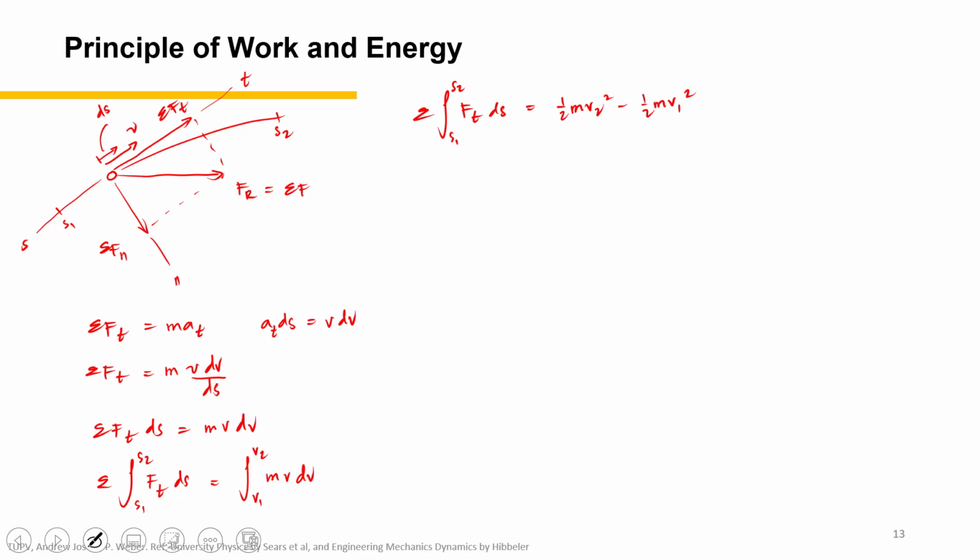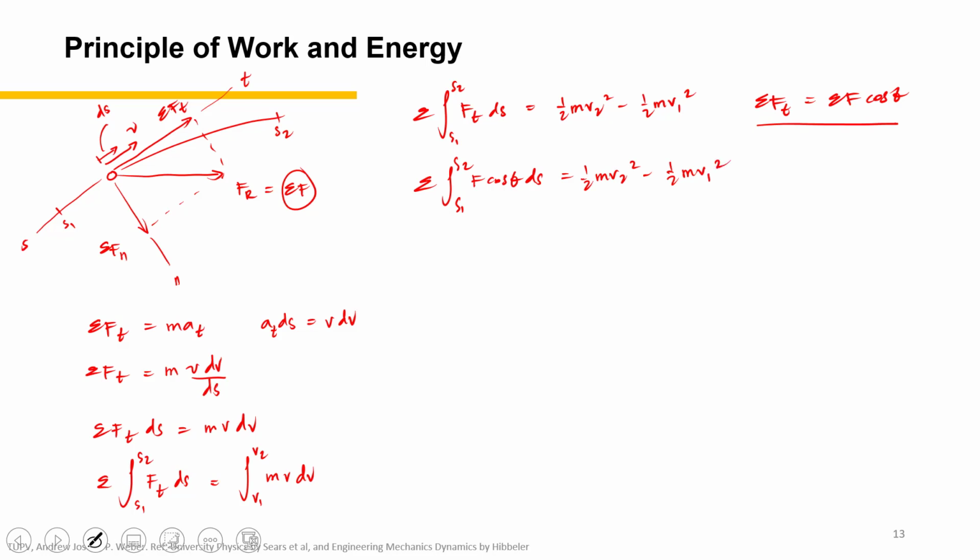Note, however, that the summation of forces along the tangential direction, looking at this diagram, is also equal to the summation of forces times cosine theta. Here, you just attach cosine theta, and that becomes the summation of tangential forces. If we substitute this, it becomes the integral from S1 to S2 of F cosine theta ds = 1/2 m v2 squared minus 1/2 m v1 squared.